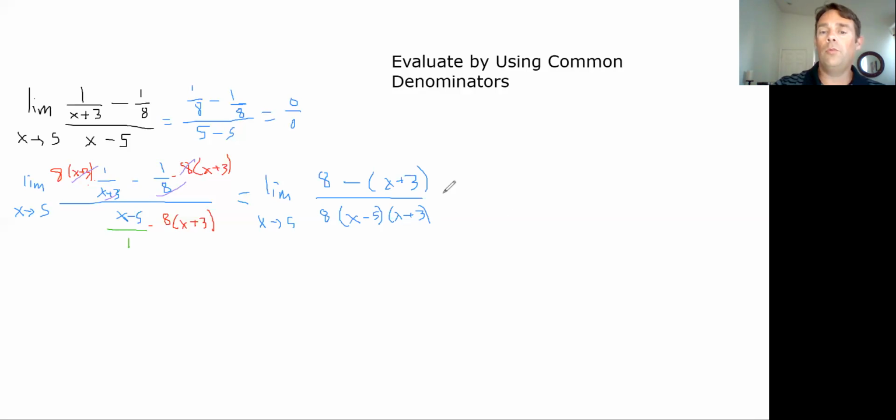So we clean this up a little bit here. And sometimes these aren't always completely obvious, but I've got a feeling you guys are probably putting this together. Here we got a negative x plus 5. Well, that's not so friendly. And I have an 8 and an x minus 5 and an x plus 3.